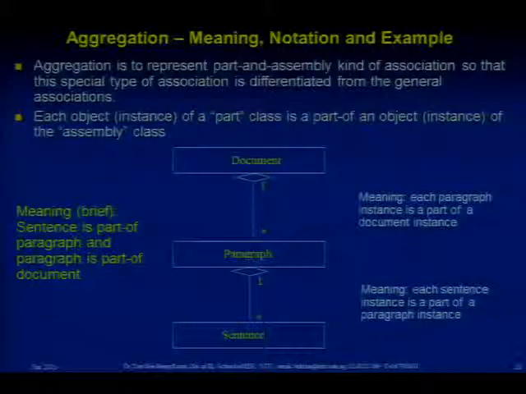So we have already studied how to specify classes and associations. In class diagram techniques, altogether there are three types of relationship: association, aggregation, and generalization.